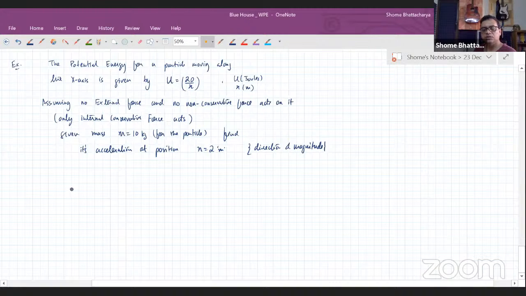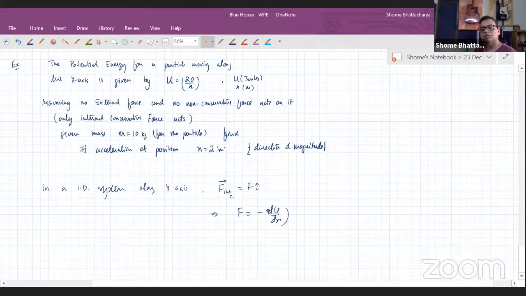Okay, so let's start with this and let's understand. In a 1D system along the x-axis, if the internal conservative force is F_i cap, then this F is given by minus dU by dx.